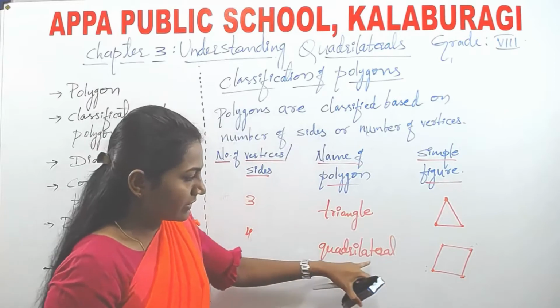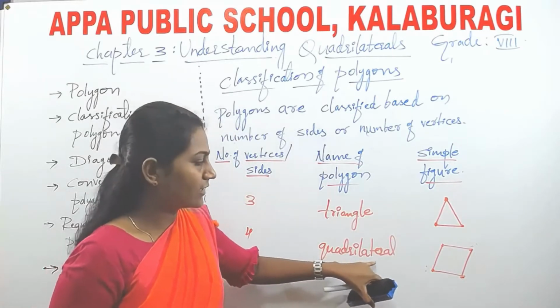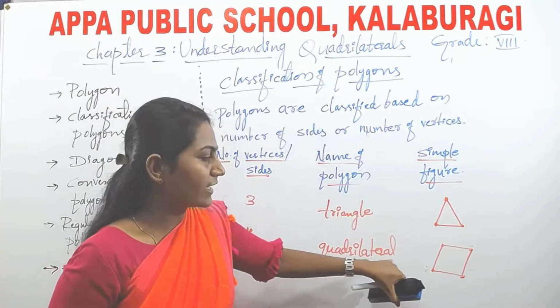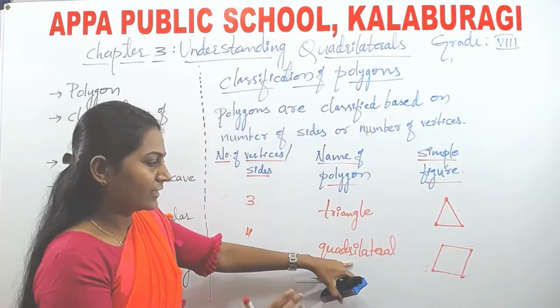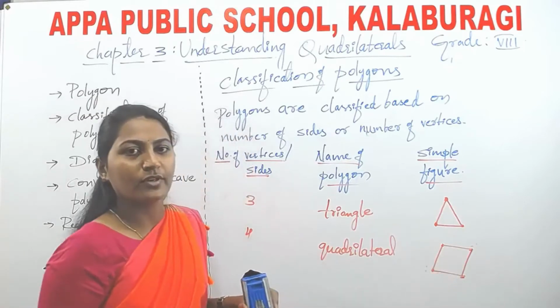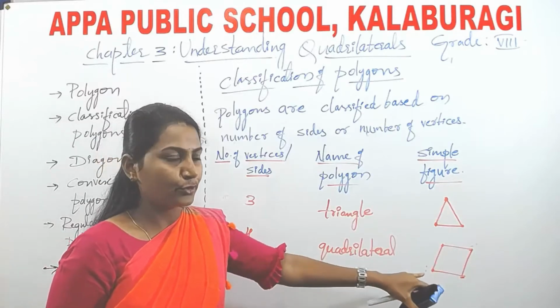Why is it named a quadrilateral? Quadri means four, lateral means sides. A four-sided figure is called a quadrilateral, and a quadrilateral is a polygon with four sides.